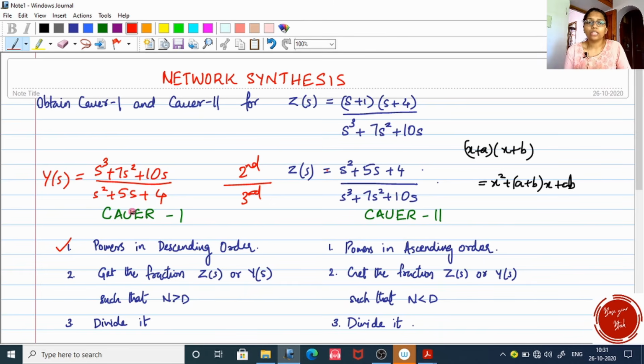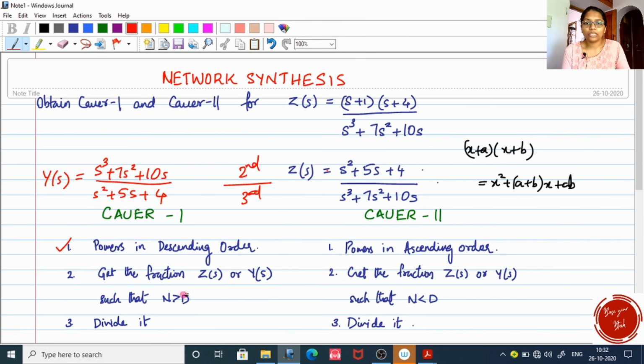So that is how you choose whether you have to start from a Z of s function or a Y of s function. The rule is you have to get the numerator power greater than the denominator. Accordingly you choose Z of s or Y of s for the operation.